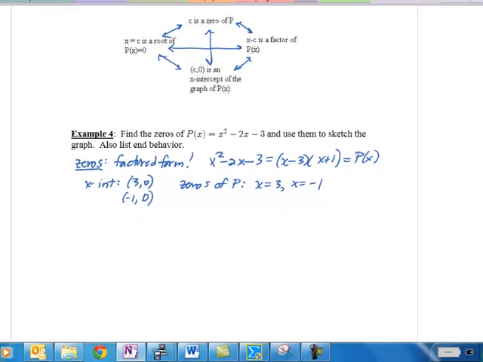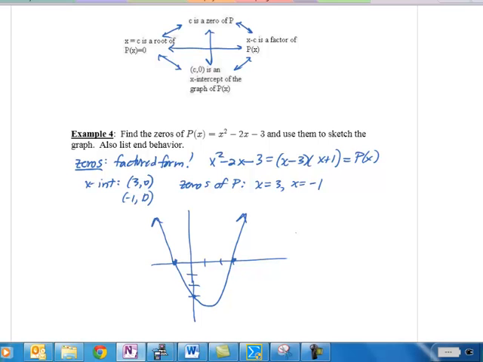The end behavior is like positive x squared, right? So we know the end behavior is going to be going up on both sides. And we can see pretty easily that the y-intercept is -3. We might as well have that accurately. So there's a sketch.